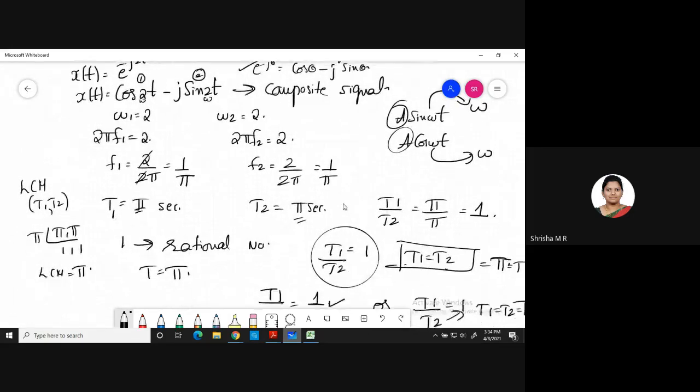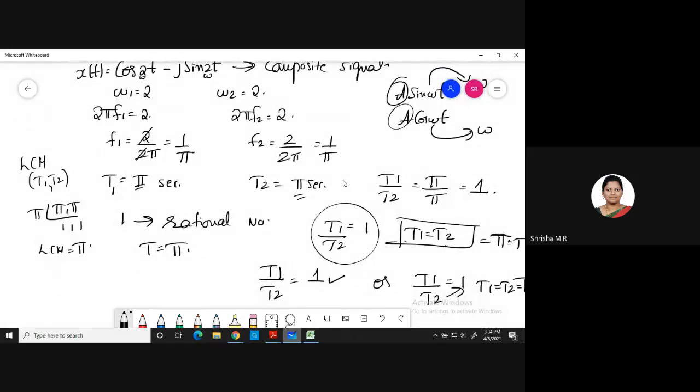To find whether it's periodic or non-periodic, take the ratio of T1 and T2. The ratio is 1, a rational number. If it's rational, then the signal is periodic.